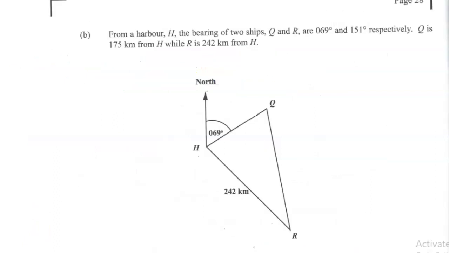So part B, from a harbor H, the bearing of two ships Q and R are 69 and 151 respectively. So let's deal with this. So 69, and then all of this will be 151. So this angle would be 151 minus 69.